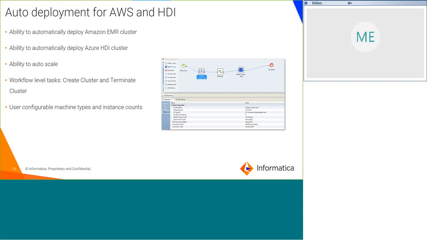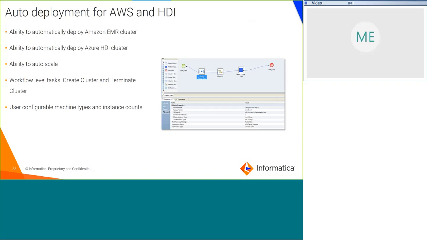So now let's talk about our last theme, which is the cloud theme, right? Like how Informatica Big Data Management is helping you to move towards cloud. On the cloud side, we have introduced a new functionality called auto deployment for AWS as well as HD Insight.